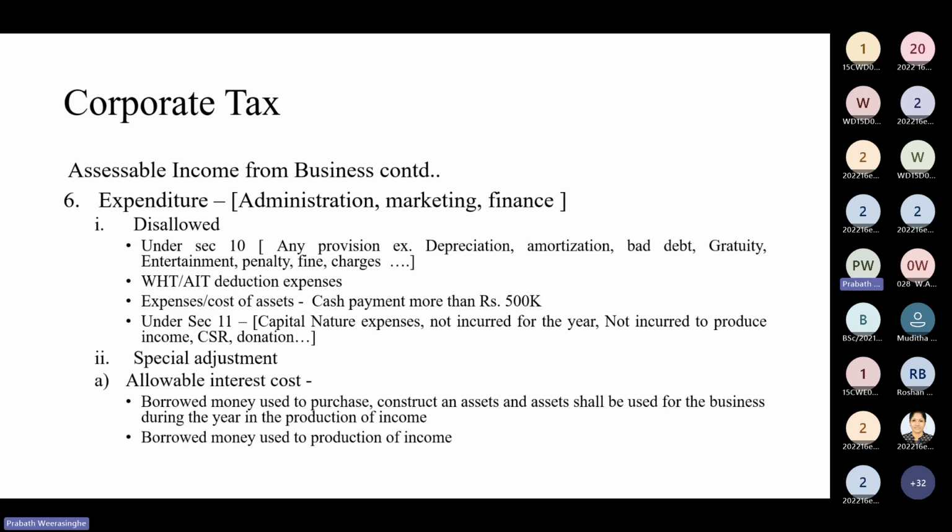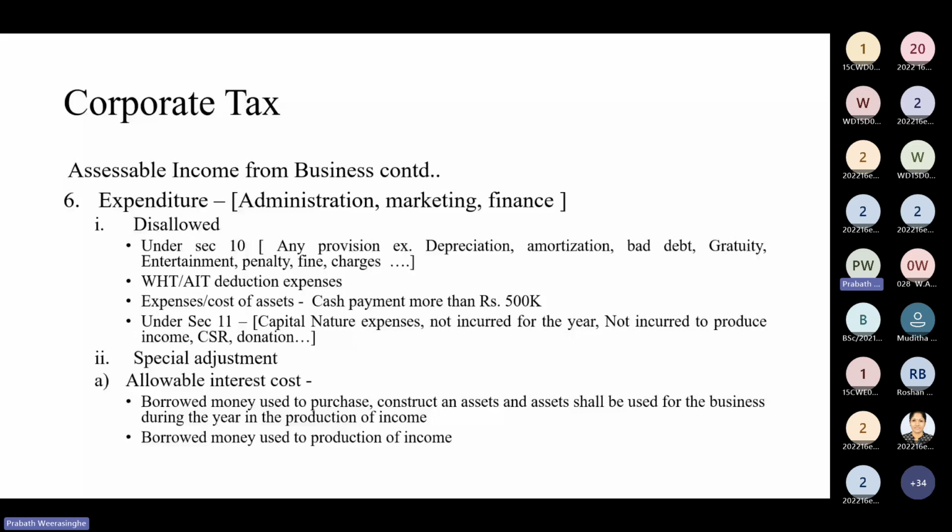And it also says any expenditure not incurred for the year and not incurred in the production of income is not deductible. For example, CSR expenditure, corporate social responsibility expenditure, donation, that type of thing is not deductible expenditure. It says not connected to, or not incurred in, the production of income during the year, right?